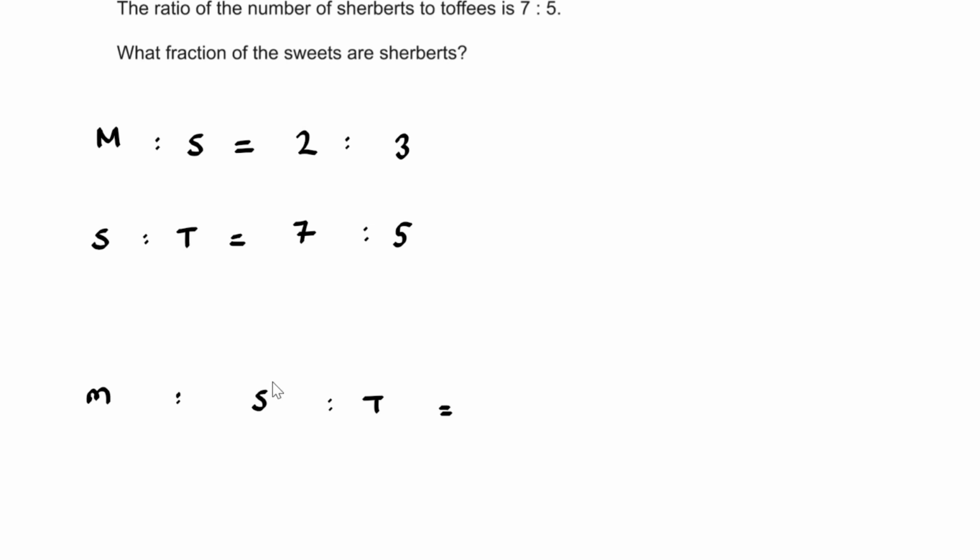Now the problem is, the S's aren't the same already. What we want these to say, well, if we think about the lowest common multiple of 7 and 3, that will be 21. So we want a 21 here, so the S's are the same. That's what we want. Now, to go from 3 to 21, we times by 7.